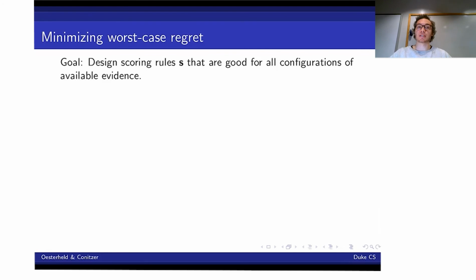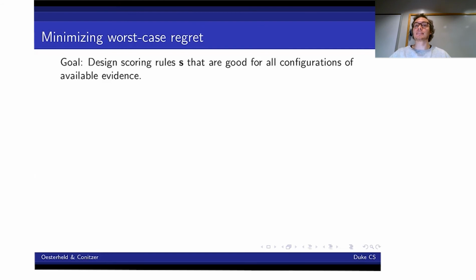Now we come to the question of what the goal of the paper is. Again, the goal is to design scoring rules, and specifically, as I mentioned before, we imagine that the principal knows very little about what kind of evidence variables the experts have access to.